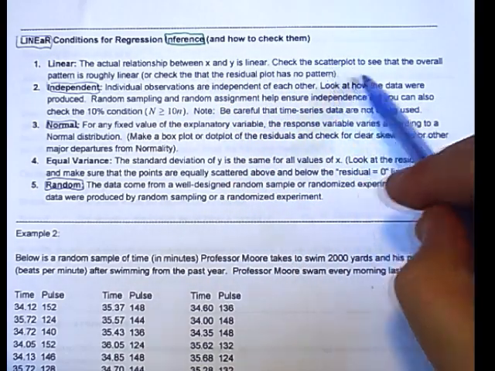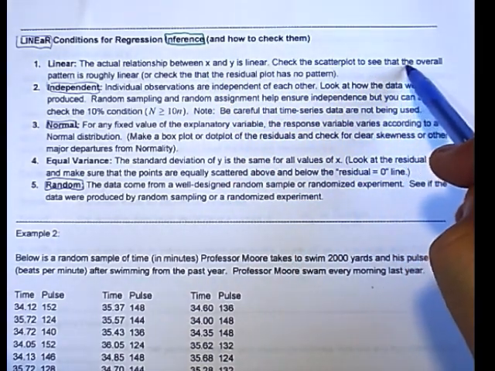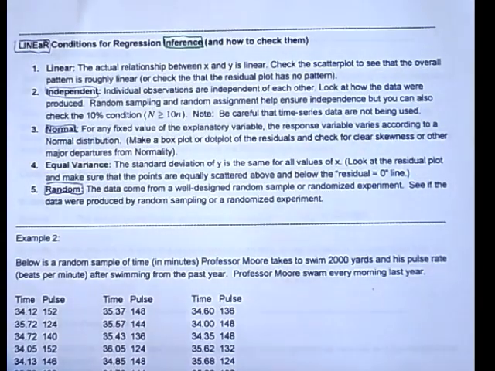So we're going to check the scatter plot to see if the points look like they're in a linear pattern, or we could check the residual plot to make sure that we have random scatter in the residual plot. Okay. But remember, on your calculators, you can only run a residual plot after you calculate the linear regression equation.